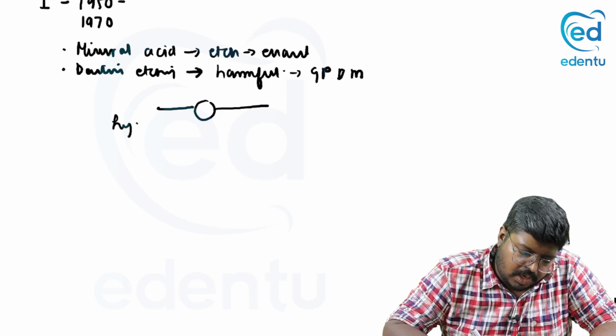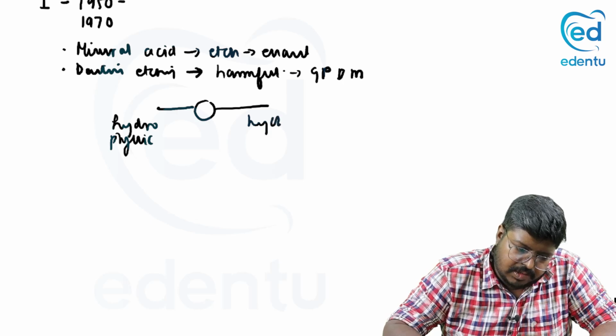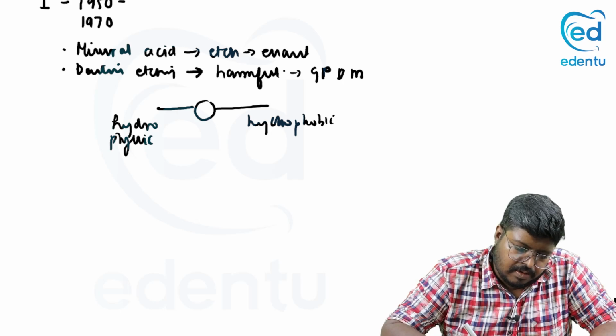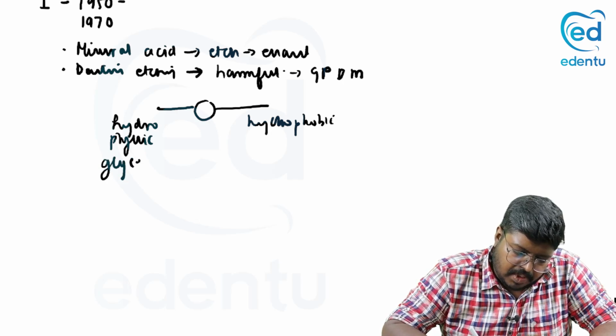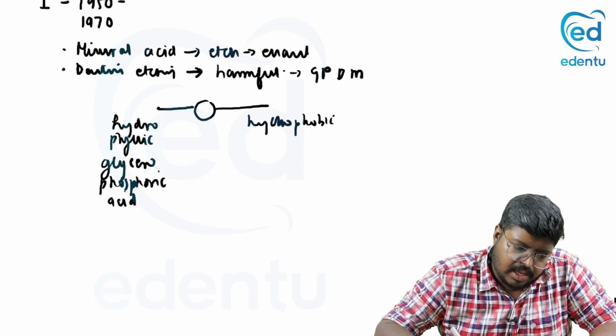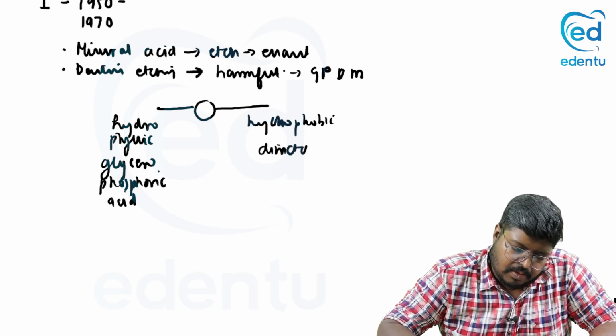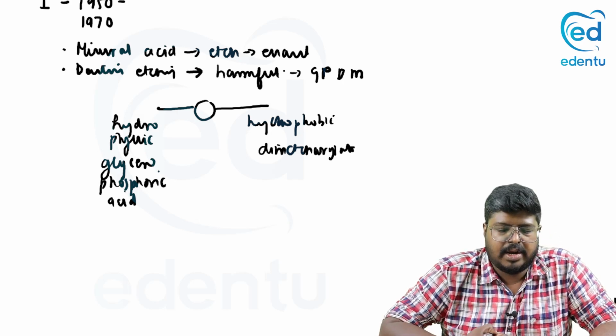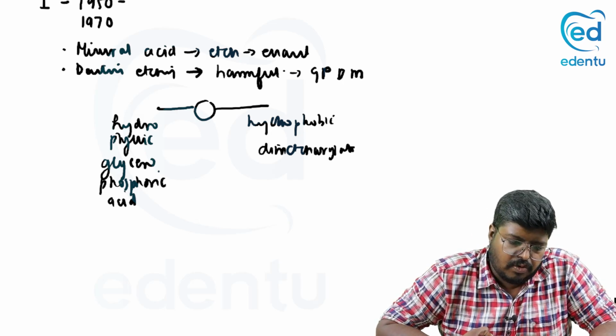The first component was a hydrophilic component, and the second component was a hydrophobic component. So the glycerophosphoric part was the hydrophilic component and the dimethacrylate was the hydrophobic component.